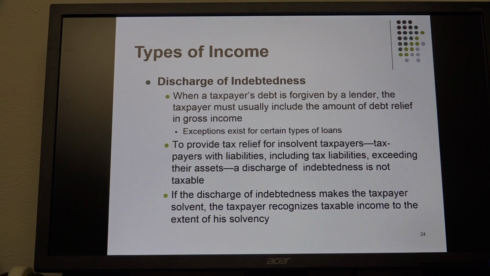And a couple of years later, after ignoring the collection calls for a couple of years, you receive from that creditor, MasterCard or Visa, a Form 1099 in the mail. And you're like, why am I receiving this? It's a Form 1099 forgiveness of debt income form.